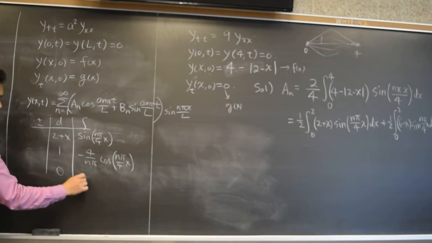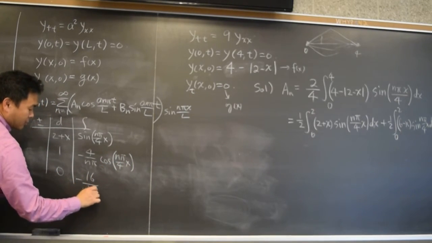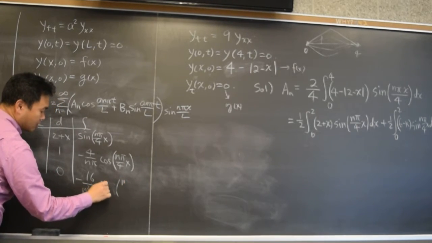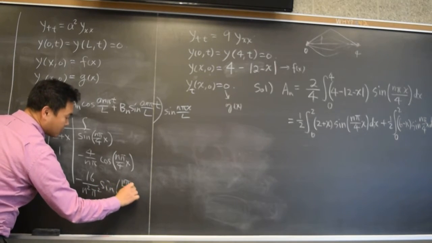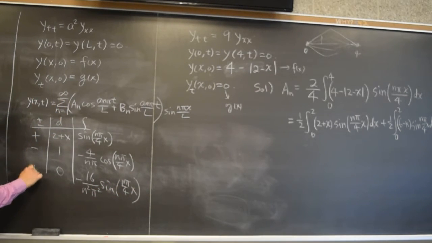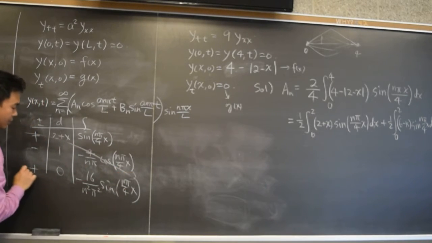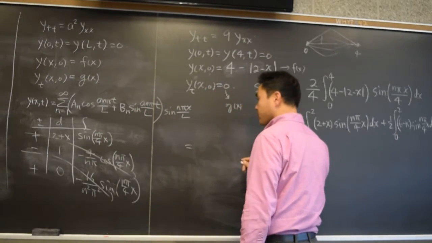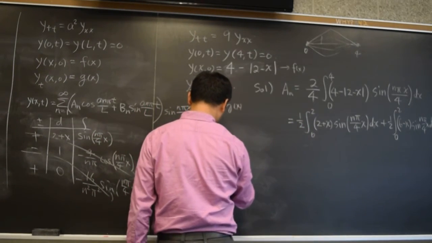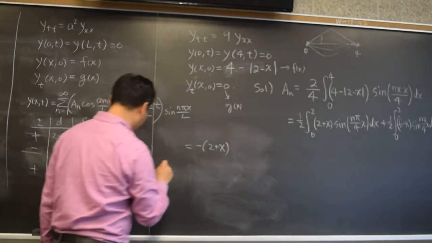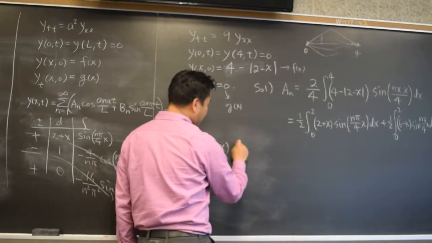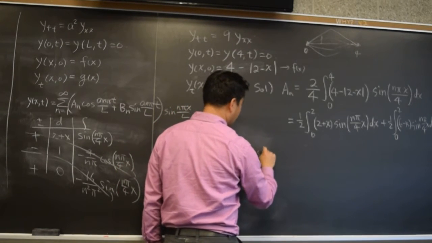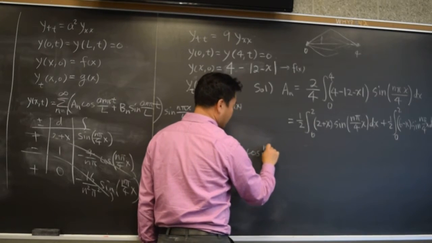And integrating again, it's negative 16 over n squared pi squared sine n pi over 4 x, and plus minus plus, and doing that will give you the following integral. It will be 2 plus x multiplied by negative 4 over n pi cosine n pi over 4 x.